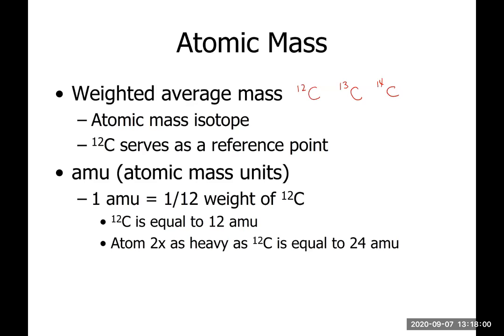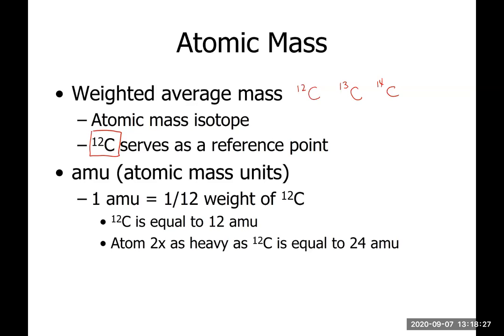The difference between these three isotopes are the number of neutrons that each has. So C13 has 1 neutron more than C12, and C14 has 1 neutron more than C13, or 2 neutrons more than C12. We use the C12 as a reference for atomic mass.